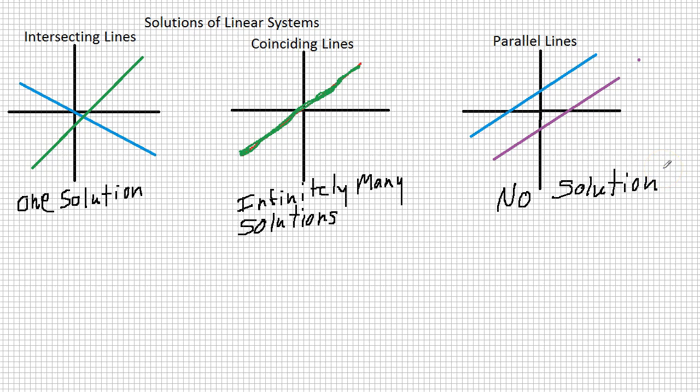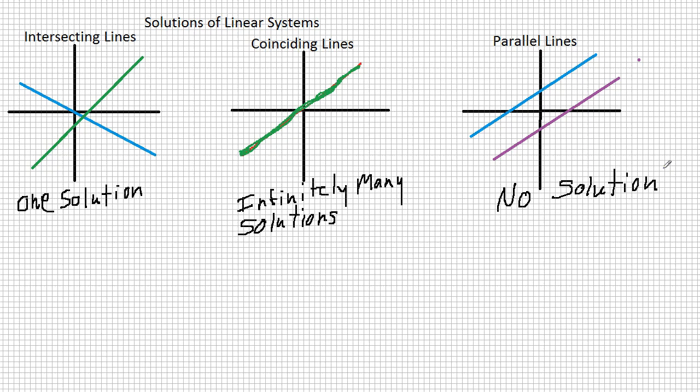Now, what if we were given equations of each of these lines? And we have to tell, without graphing, whether or not we have intersecting lines, coinciding lines, or parallel lines.